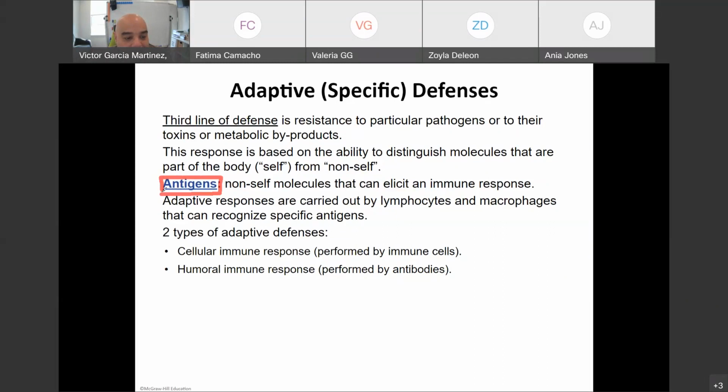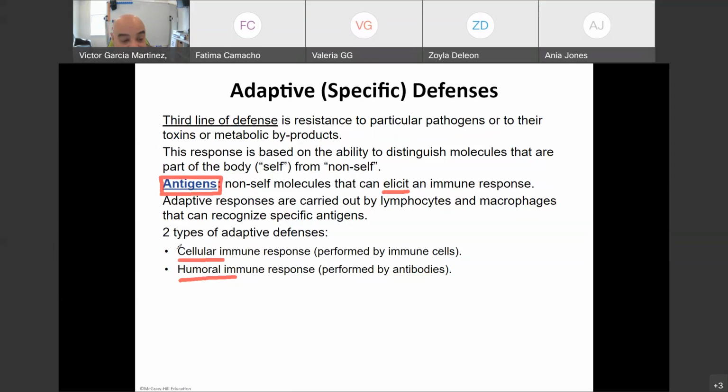Then the first useful concept here is going to be antigen. Antigen is any particle that is able to wake up your immune system. You're able to stimulate, to elicit an immune response. And we have two kinds of responses. We have cellular response and we have humoral response.